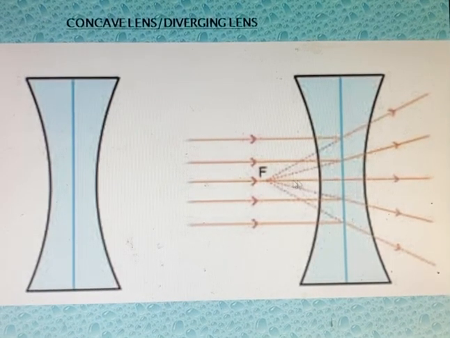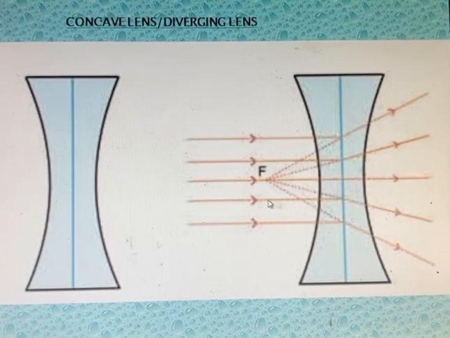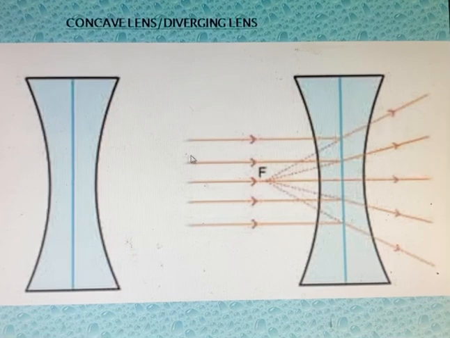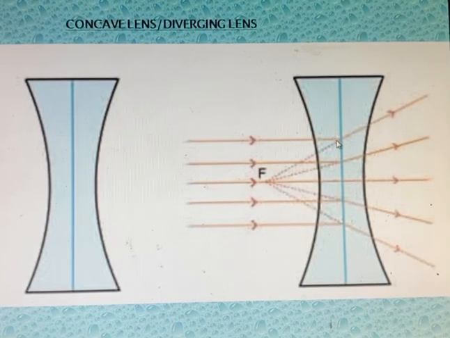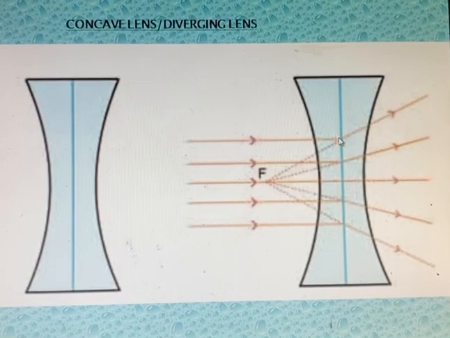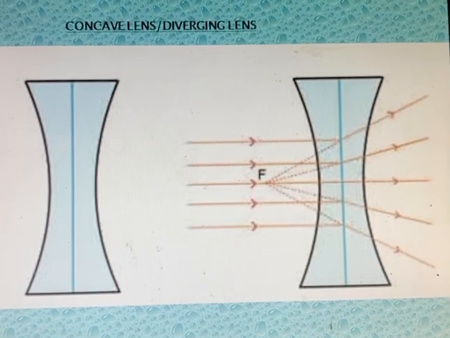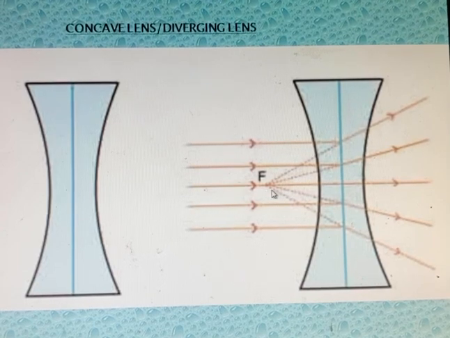Here, see, parallel beams of light are entering here, these 5 points. These parallel beams of light get diverged from a certain point. It is imagined that, or it seems like, they are spreading or changing direction from a certain point before reaching the lens.